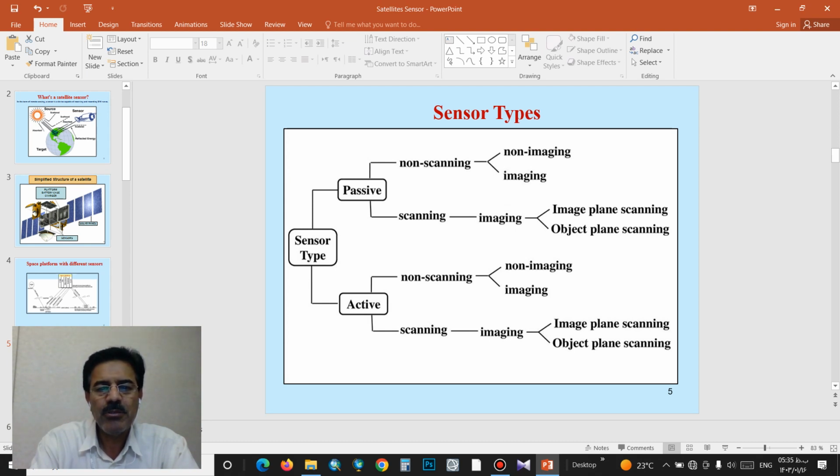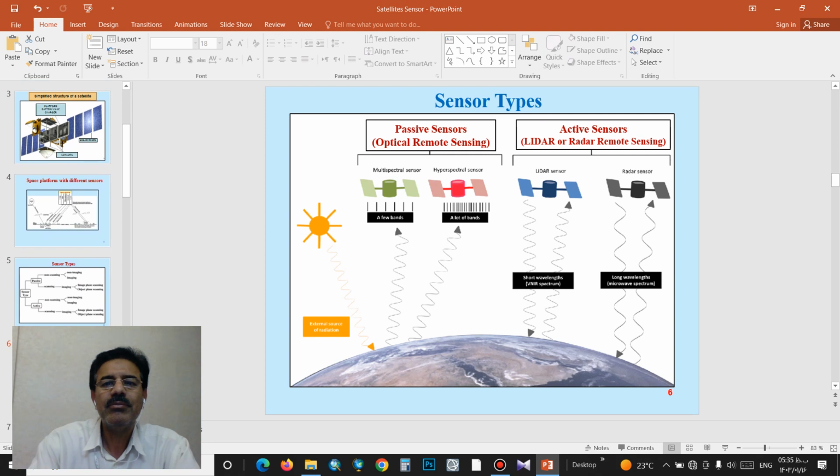Active sensors include non-scanning and scanning. This slide is showing sensor types, including passive sensors or optical remote sensing, and active sensors or LiDAR or radar remote sensing sensors.